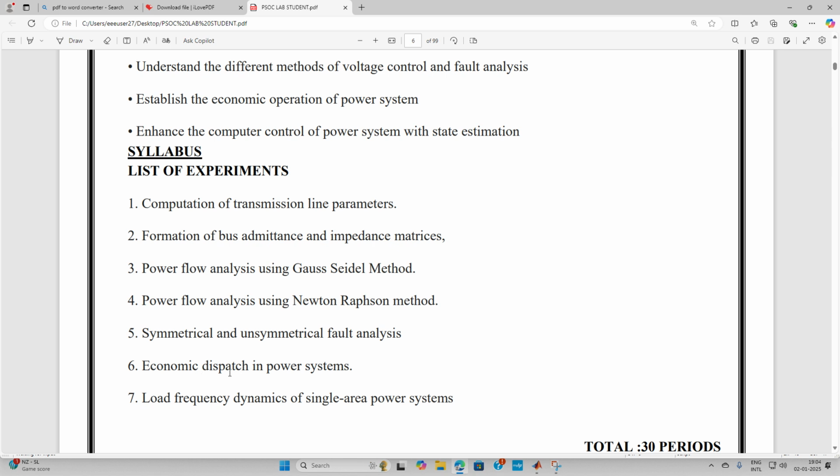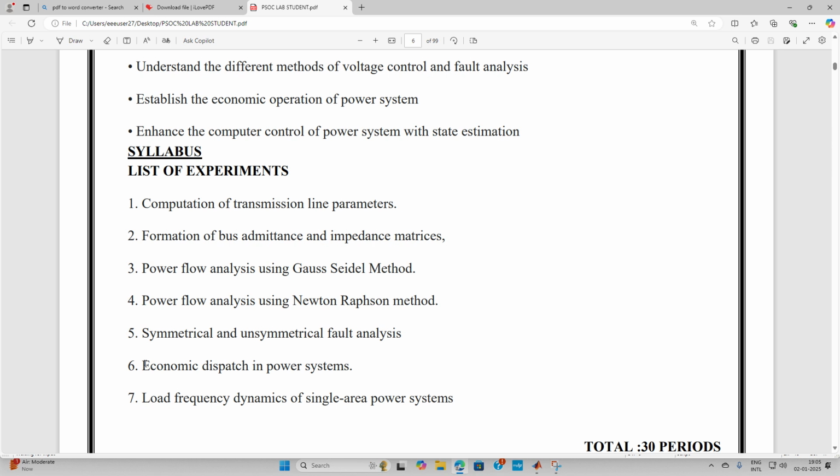Sixth one: economic dispatch in power systems. It is the main consideration when we lay out the power systems and power stations. Economic dispatch in power systems means we have to conclude and discuss all these things on an economic basis, that means cost-wise. The last one: load frequency dynamics of single area systems.